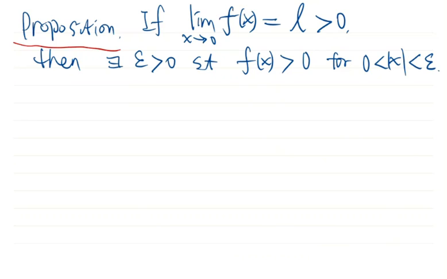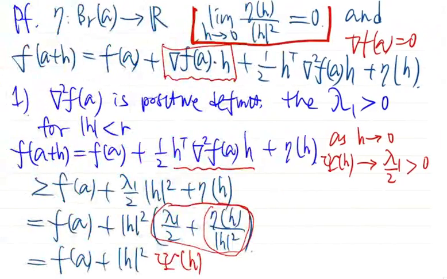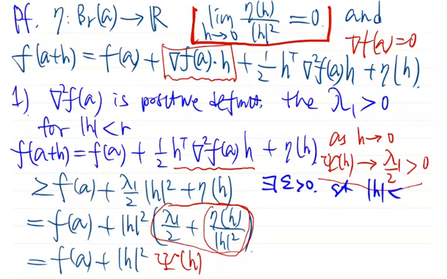Using this result, because the limit of phi(h) is positive, there exists some epsilon positive such that if the norm of h is less than epsilon, then phi(h) is positive.